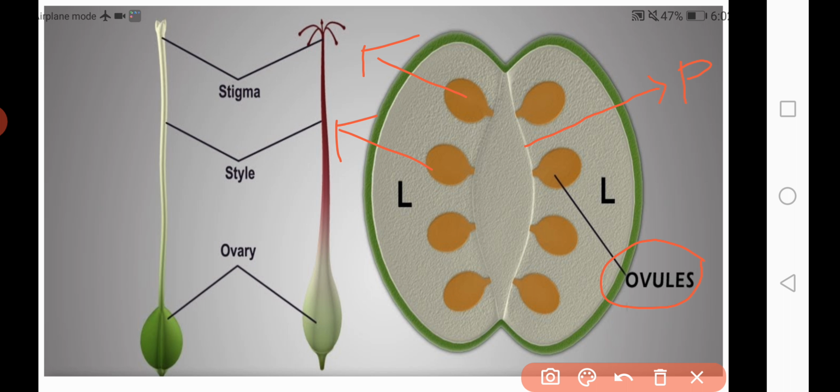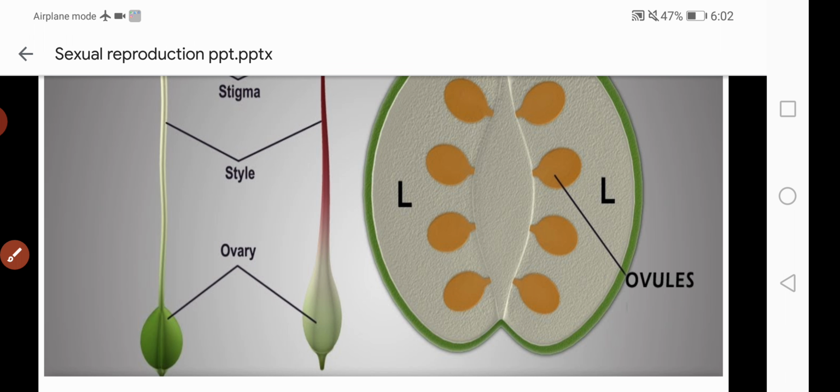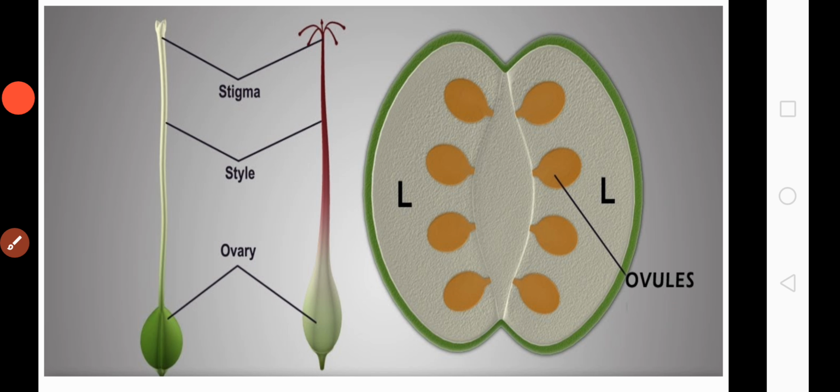Understood? Each ovary contains one to many ovules. So this is the enlarged portion of the ovary in which we can observe the locules, the placenta and the ovules. Any doubts? Clear? So these are the parts of a pistil.